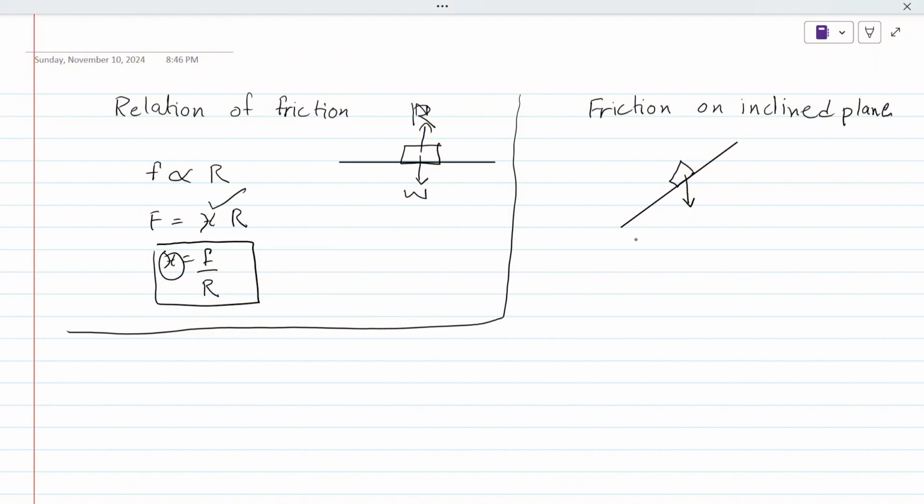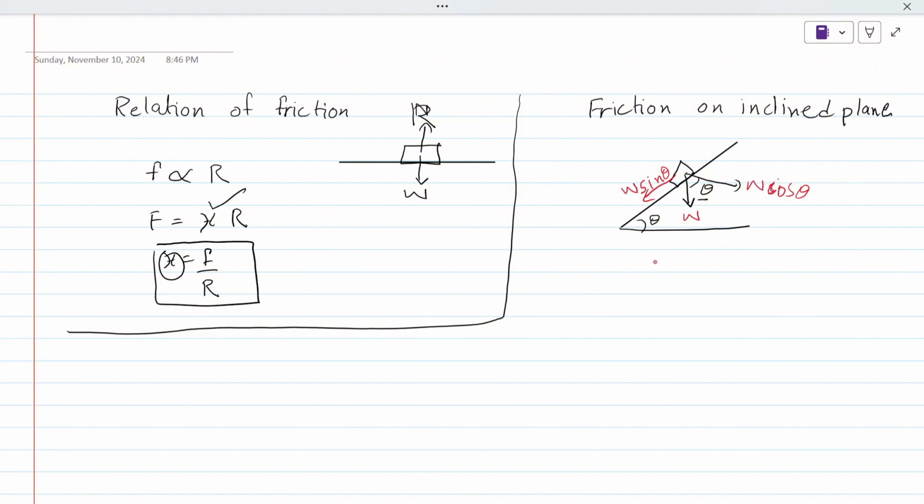If this is the angle theta, the opposite angle would also be theta, and these both angles are equal. Now if this is W, what is the component with angle theta? It is W cos theta. And what would be this one? This would be equal to W sine theta.